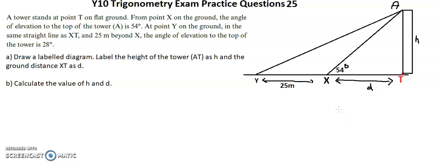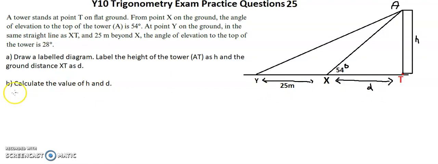It says calculate the value of H and D. Now, this is the more challenging part and takes a bit of time. So we need to look at all the relationships we have. Over here, I can see that we have a tan relationship between H and D, and a tan relationship between H and my 25 and D. So I'm going to use those two relationships.